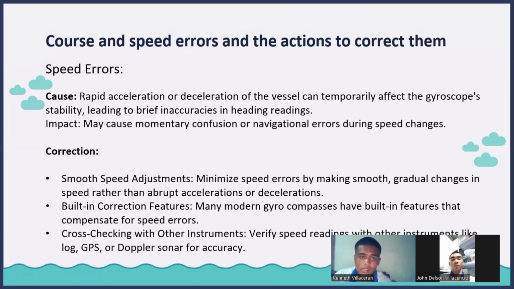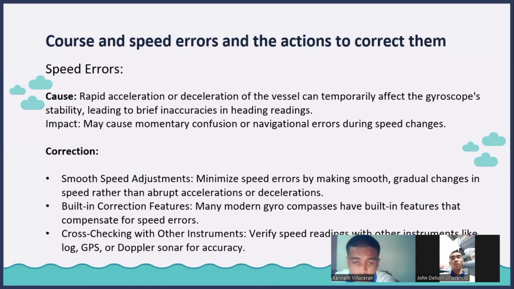The impact is that it may cause momentary confusion or navigational errors during speed changes. The corrections for speed errors: smooth speed adjustments, minimizing speed errors by making smooth, gradual changes in speed rather than abrupt accelerations or decelerations.